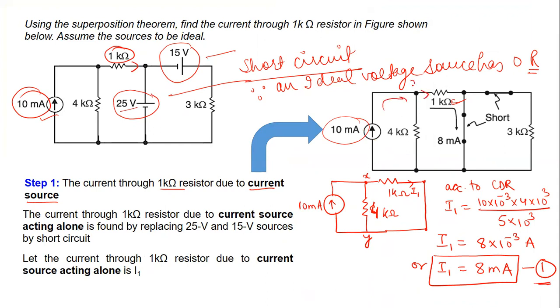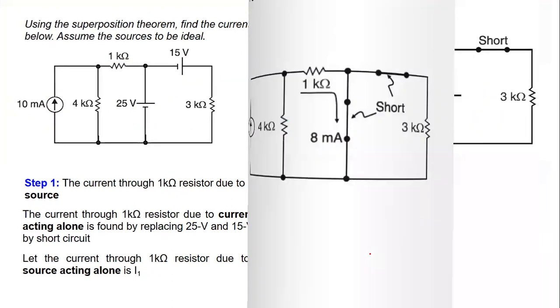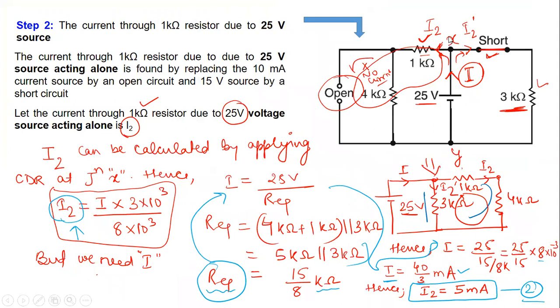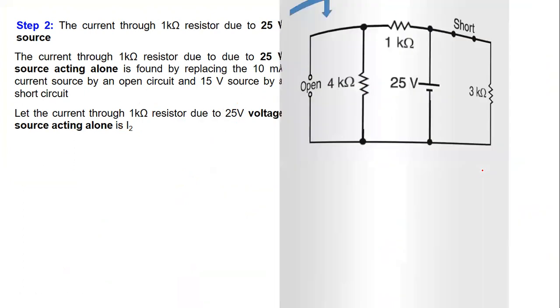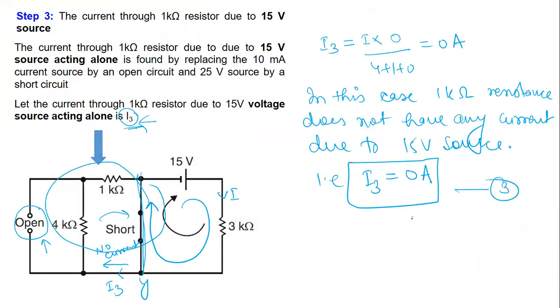Let us say this is junction A and this is junction B, because X and Y we have already used. So the current is flowing from X to A, right? Now let us come to this circuit here. The current is flowing opposite to the earlier case. Now let us come to the third case. Here the current is already 0.